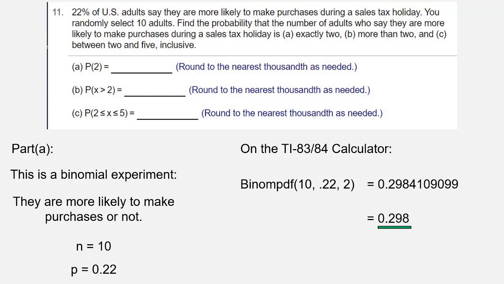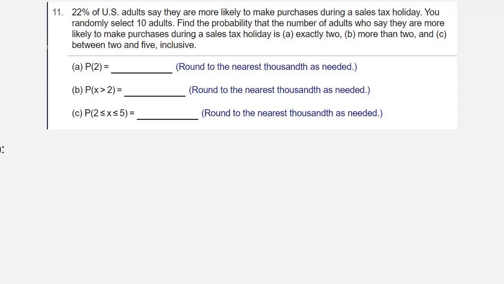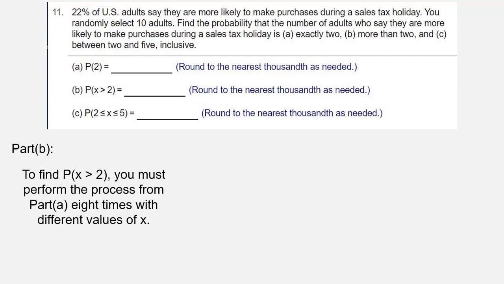So that's part A. For part B, we want the probability greater than 2. This one we're really going to need the calculator for, because if we would do the process that we just did for part A, we would have to do that process 8 times, because greater than 2, when you're talking about n going all the way up to 10, represents 3, 4, 5, 6, 7, 8, 9, and 10.